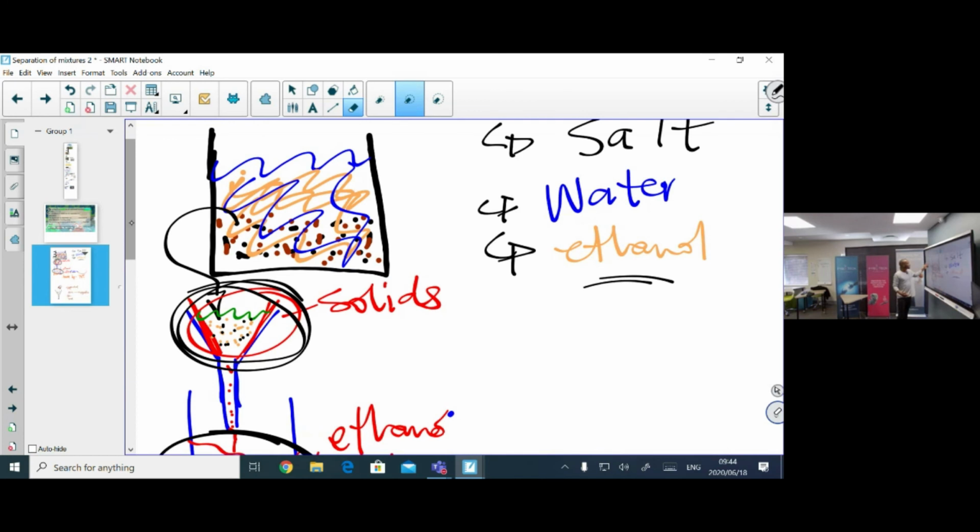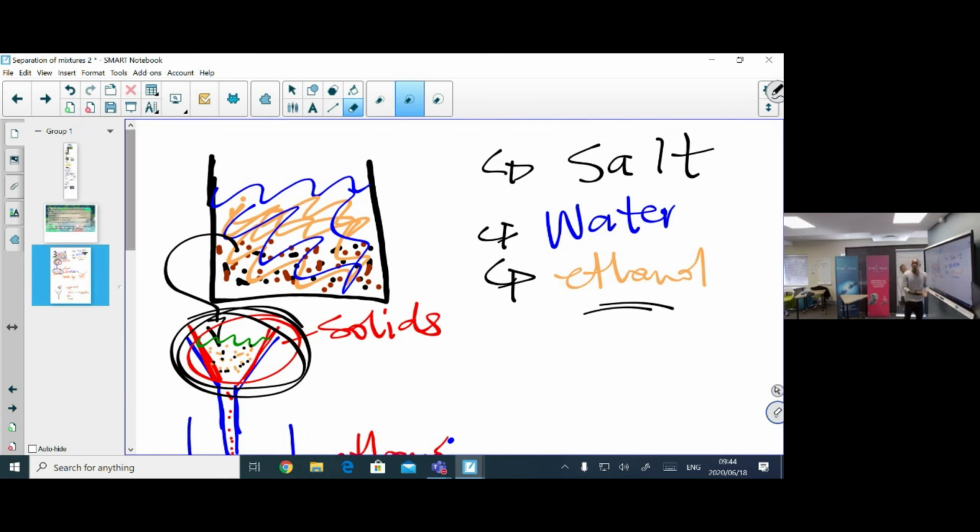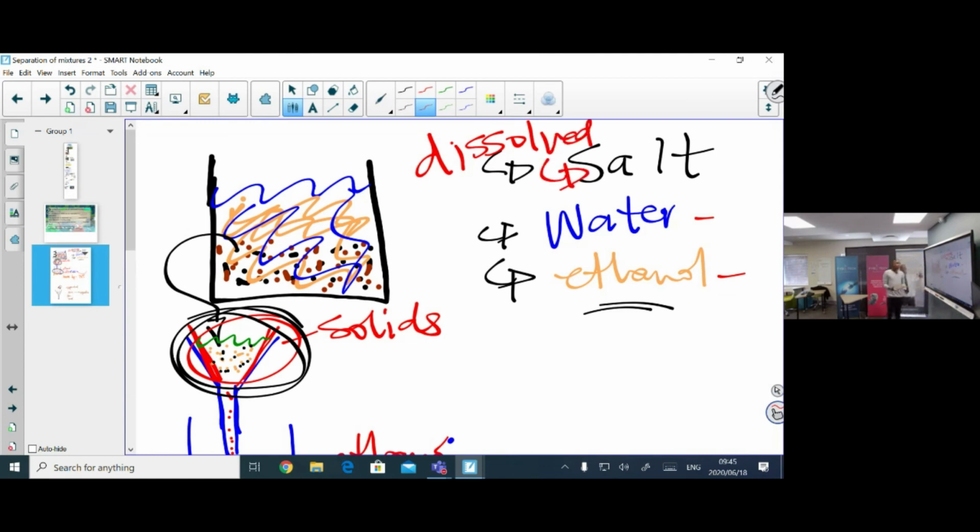So remove the iron and the sand, what remains? We're remaining with a liquid solution or liquid mixture having water, having ethanol, and having dissolved salt, because we know that salt put in water will dissolve, right? Dissolved salt. We will have dissolved salt in our mixture.